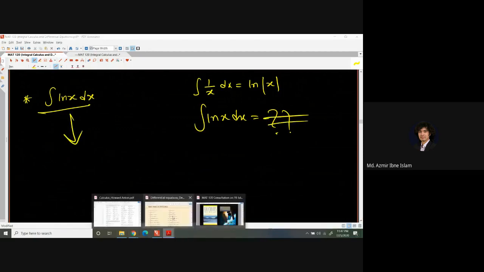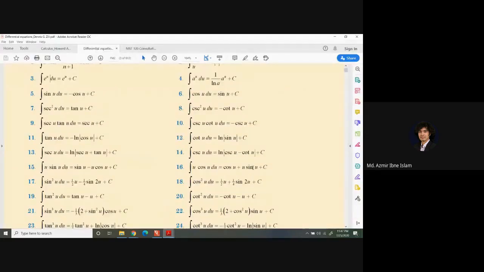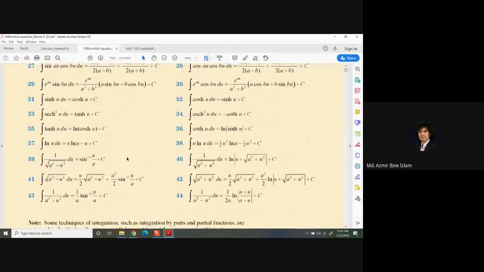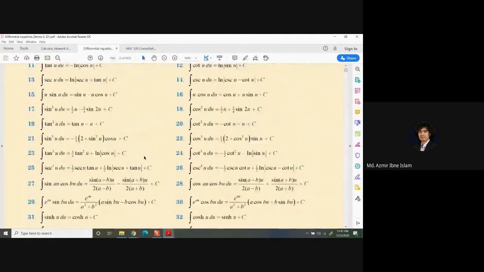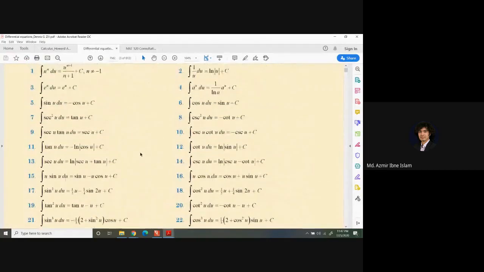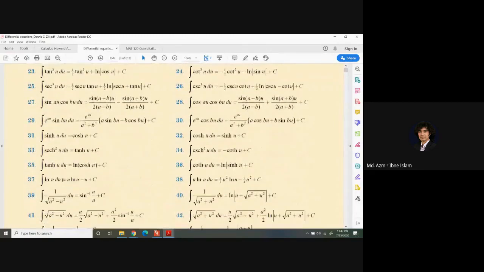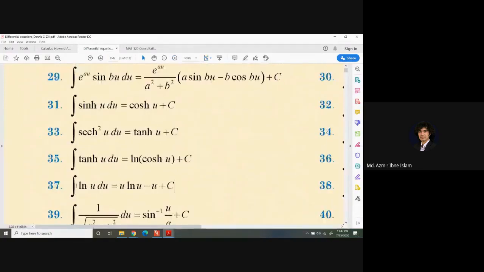You can search in your reference book. Let me find it at first. Yeah, this one. You can see we have the integration of this one, and the result is u ln u negative u.